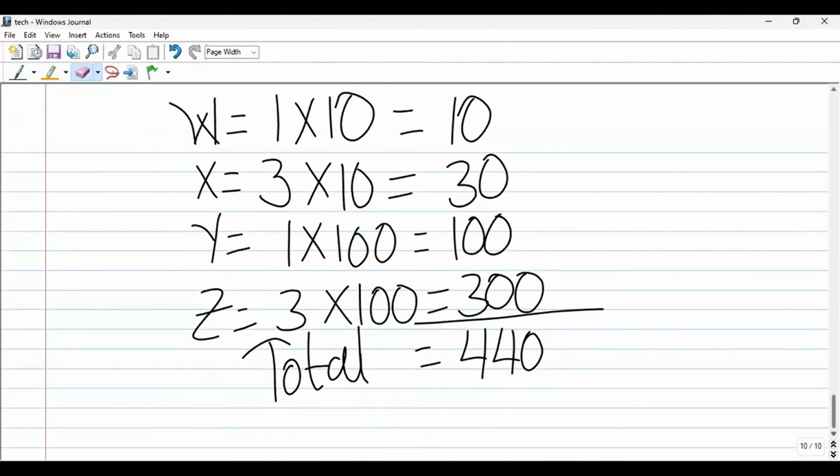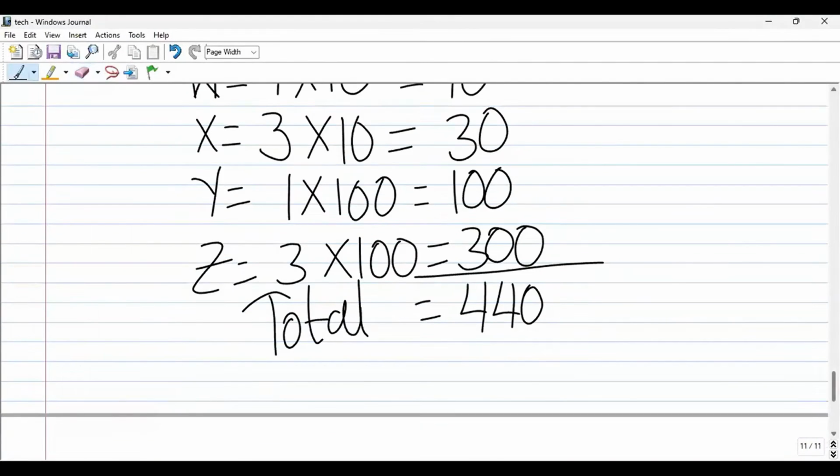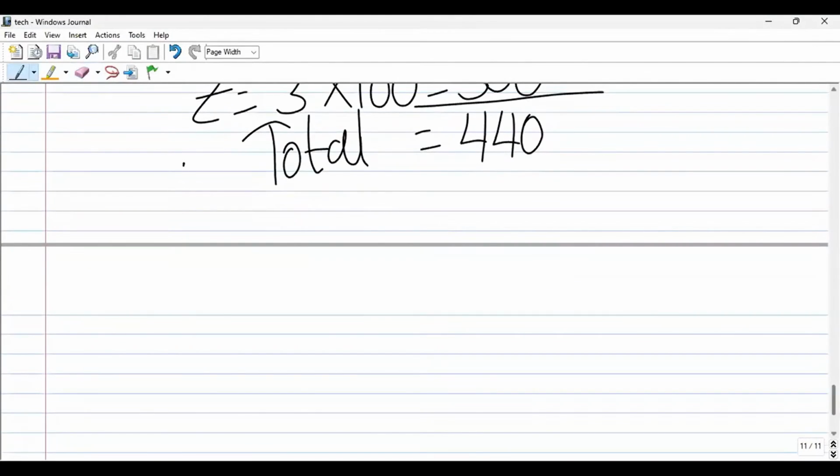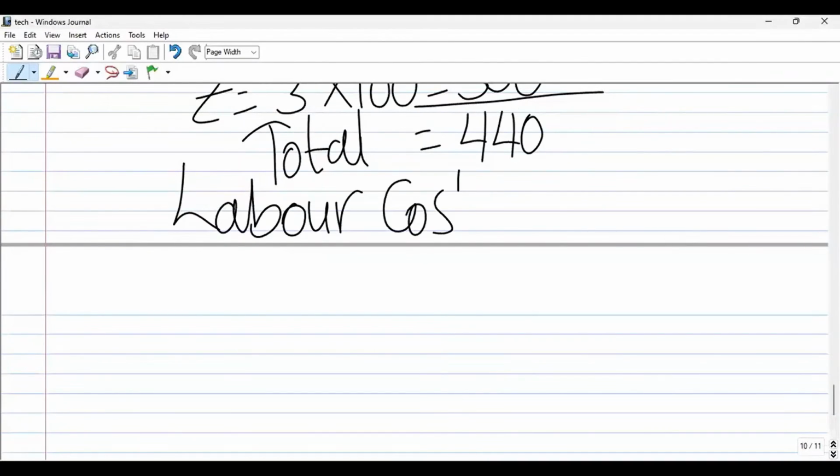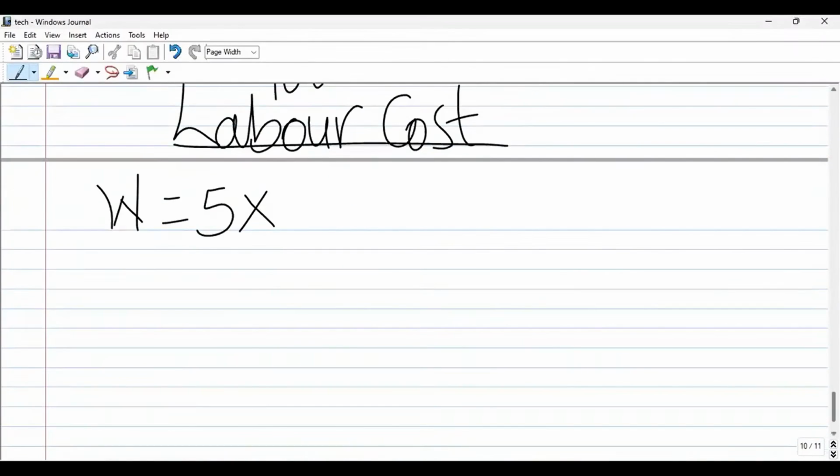So in other words here, I'm going to come still in the same working. I come and I show labor cost. So product W, we are going to have 5 times the number of labor hours, which are 10. If the examiner told me labor cost per unit, I would be multiplying with the number of units.